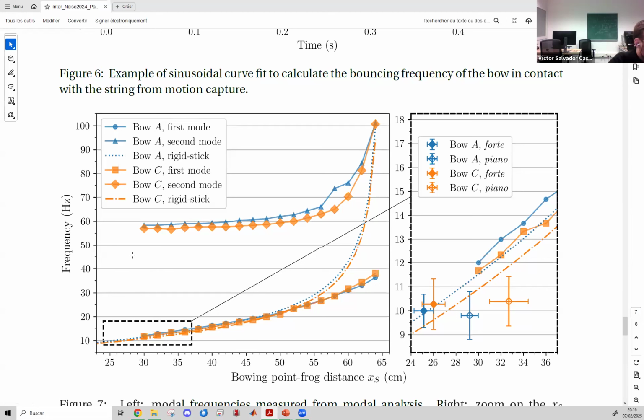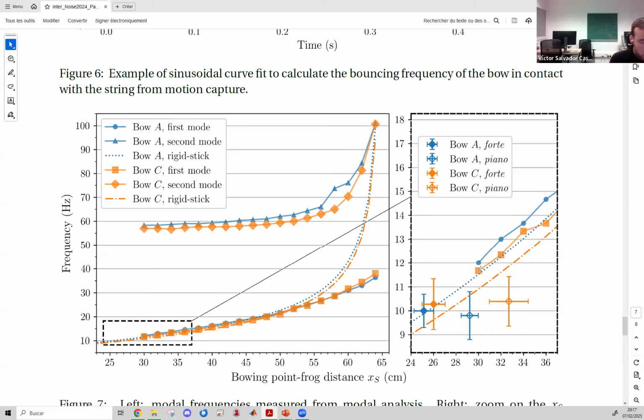So we will have the first and the second mode of both bows A and C. I remind you that C has a higher moment of inertia. And we see indeed that for a higher moment of inertia, this vibration is slower.